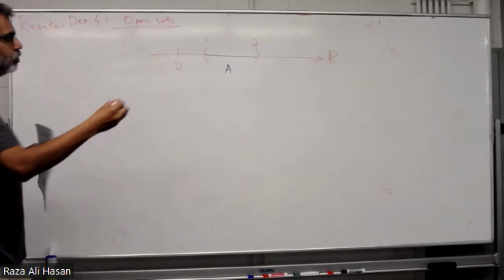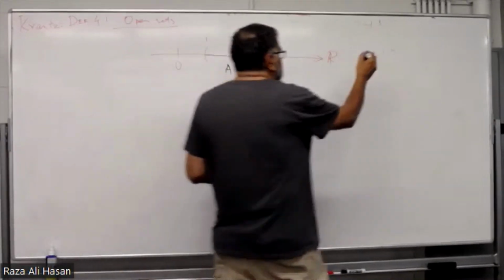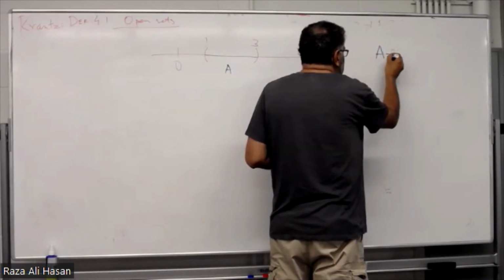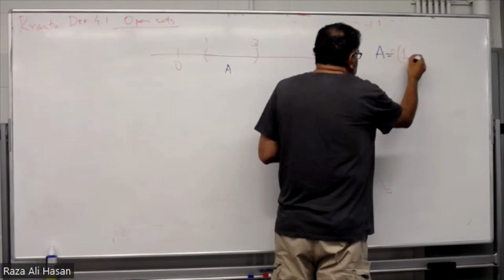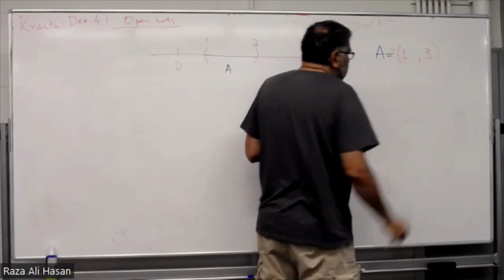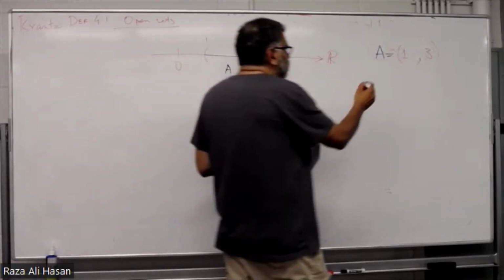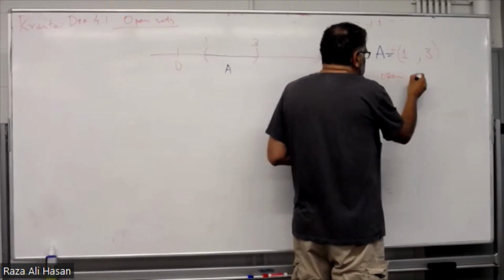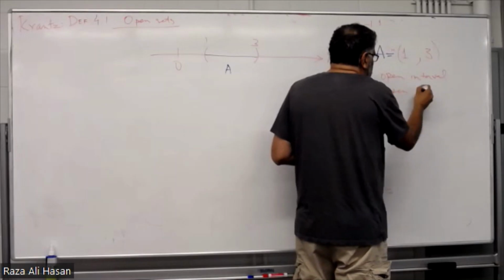A is this thing here. It's all the numbers between 1 and 3, not including 1 and 3. So this is called an open interval. It's also considered to be an open set.